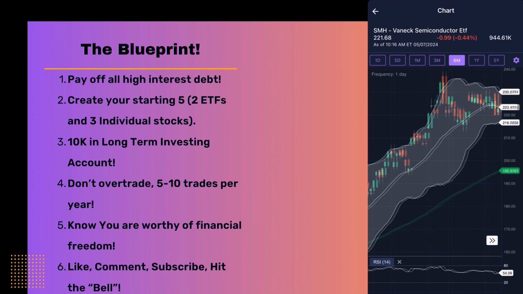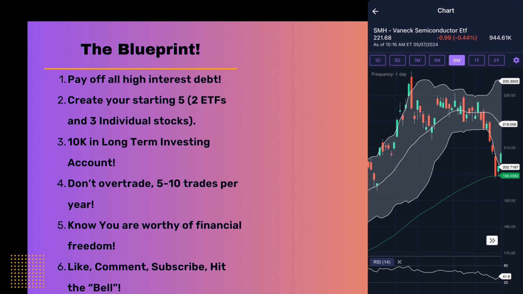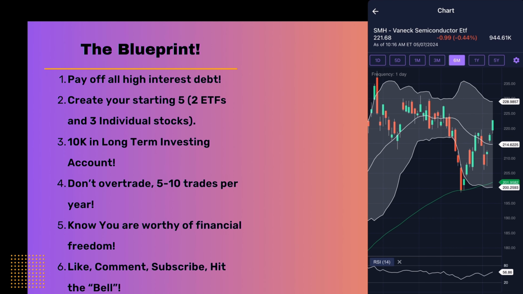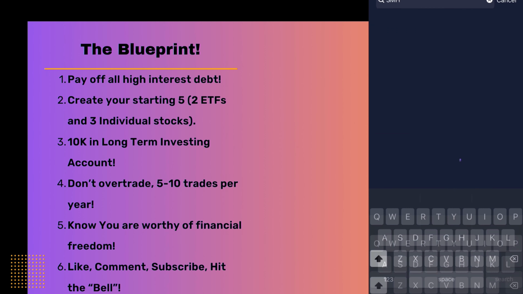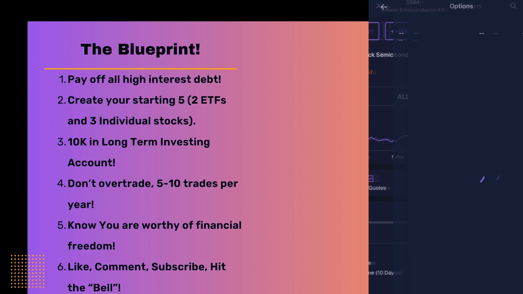You can kind of see the trend there. ETFs are really good about bouncing off that 100-day EMA or moving average, which is that green line. So that probably would have been the best place to buy in, but we're going to keep it moving.